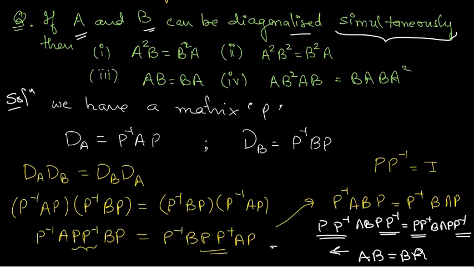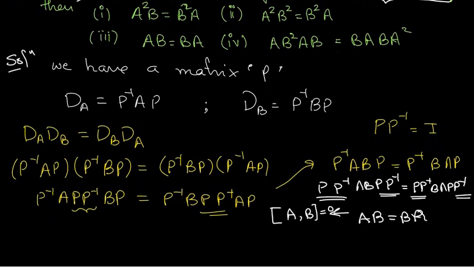This is nothing but the commutator of A comma B is equal to 0. So this is the correct option, that AB is equal to BA.